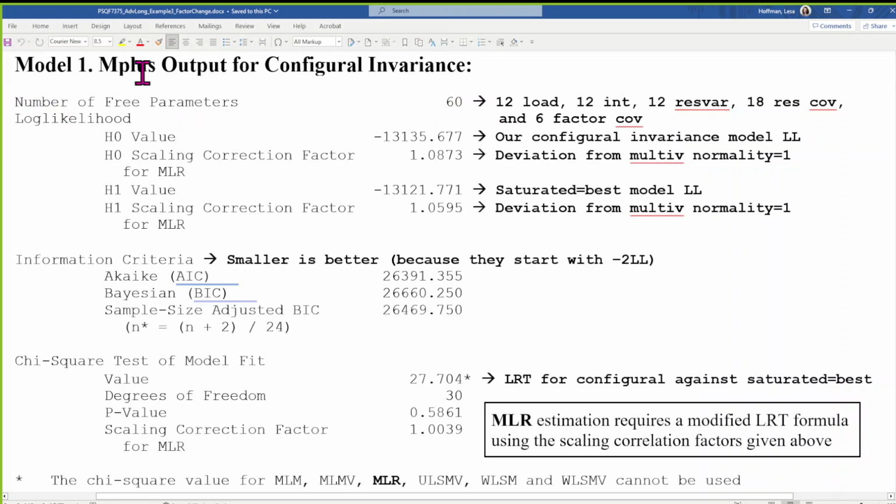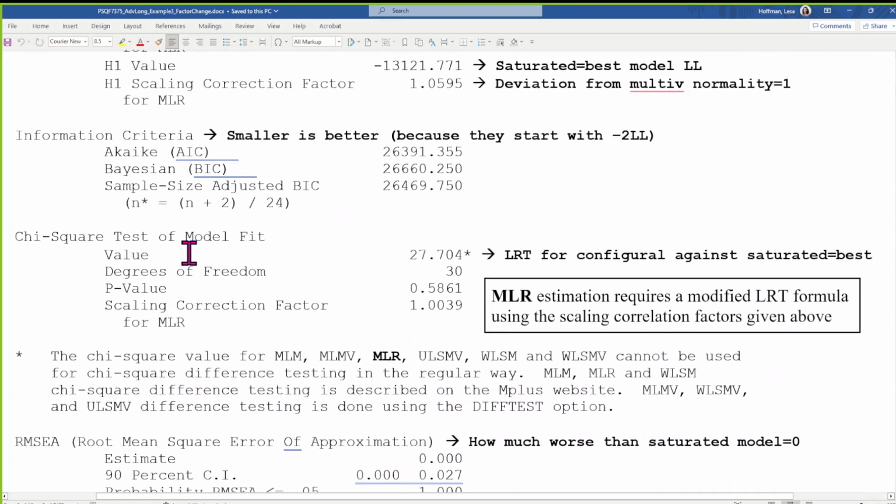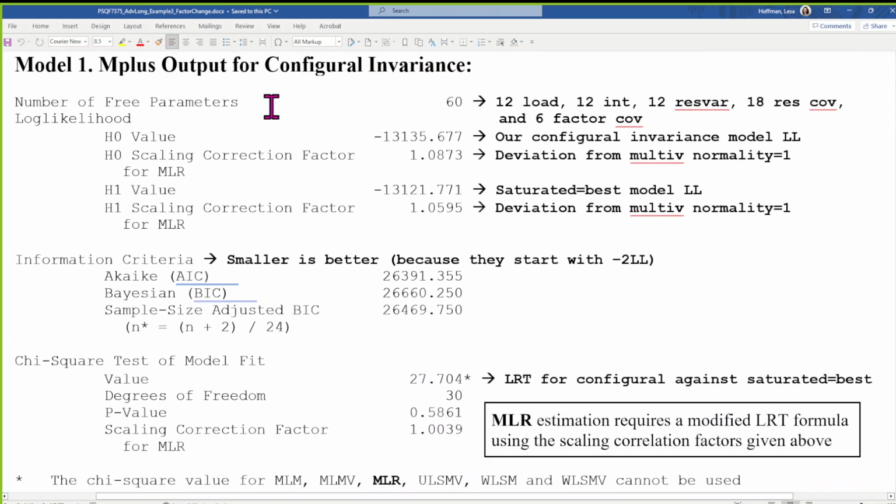So I have some notations here on the output. These are indices of absolute model fit, which you're familiar with, but not under that name. So the idea of the answer key model in longitudinal: the saturated means are the answer key for what the fixed effects are supposed to do. The unstructured R matrix is the answer key for what the random effects and residuals are supposed to do.